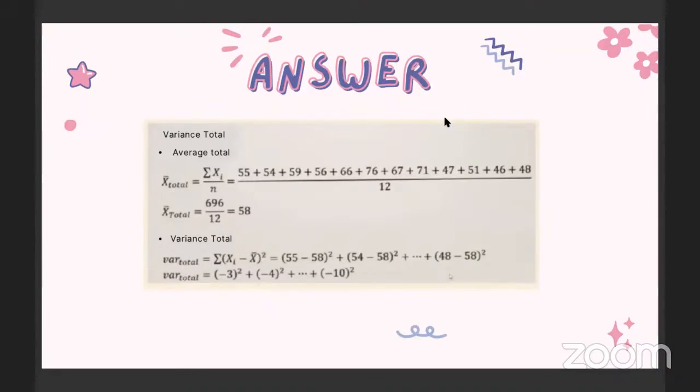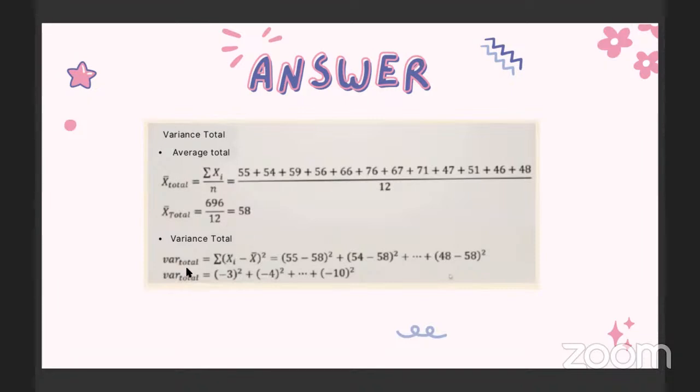Variance total. First, the average total. X bar total is 55 plus 54 plus 59 plus 56 plus 66 plus 76 plus 67 plus 71 plus 47 plus 51 plus 46 plus 48, divided by the total, which is 12. So X bar total is 697 divided by 12, which is about 58.